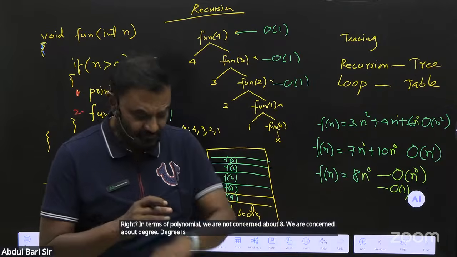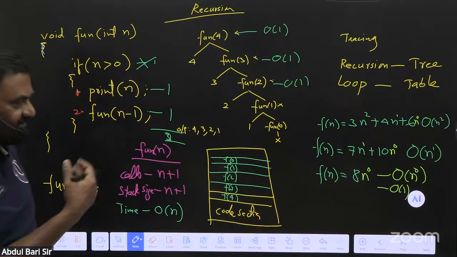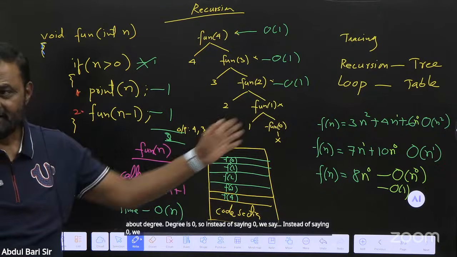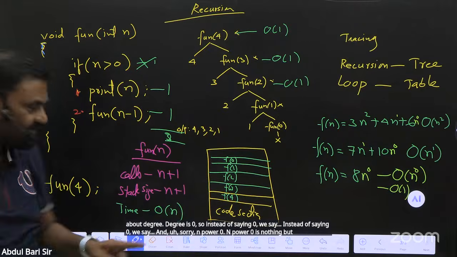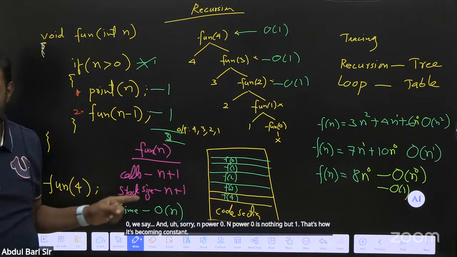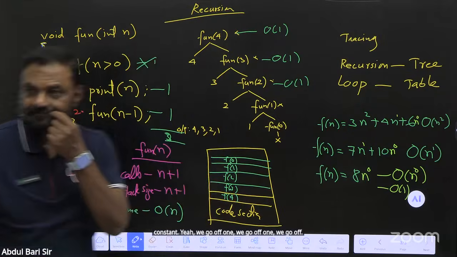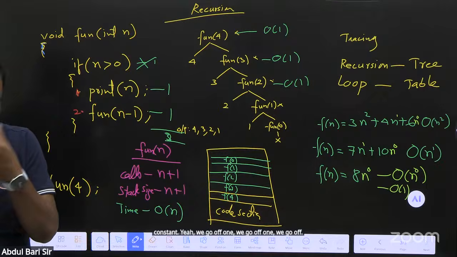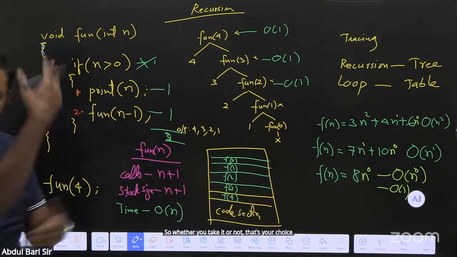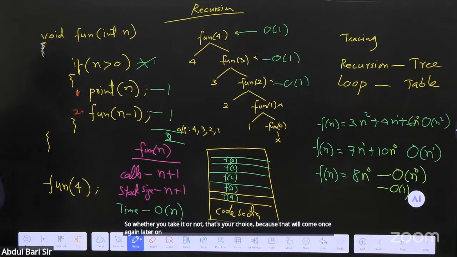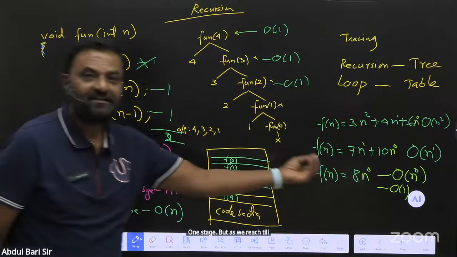So instead of saying 0, we say n power 0, which is nothing but 1. That's how it becomes constant. Understood this one? Constant. Big O of 1. Whether you take it or not is your choice, because that will come once again later on at one stage. But as we reach till here, I have highlighted a little bit.